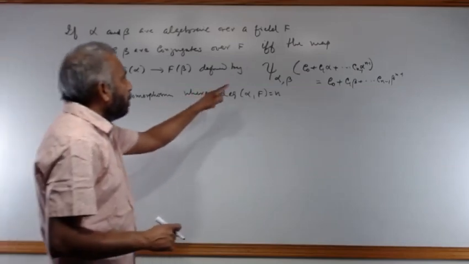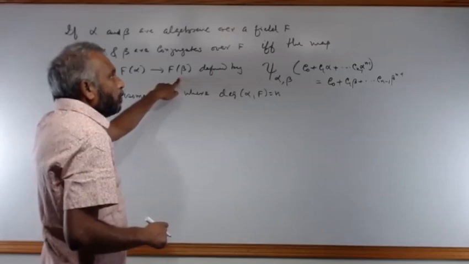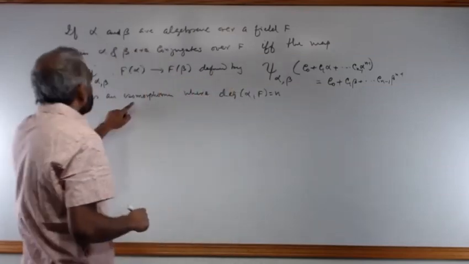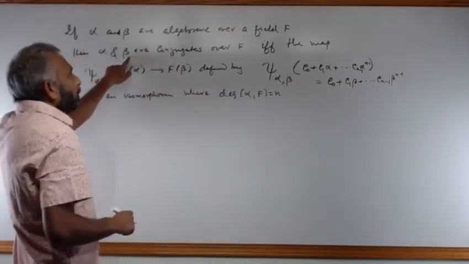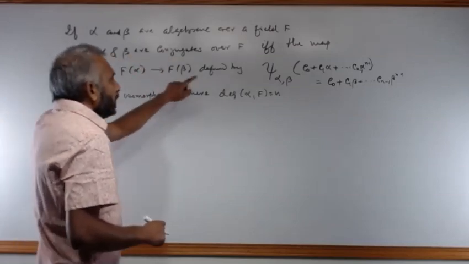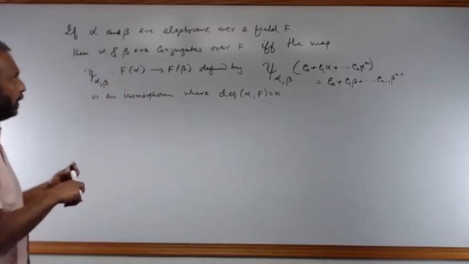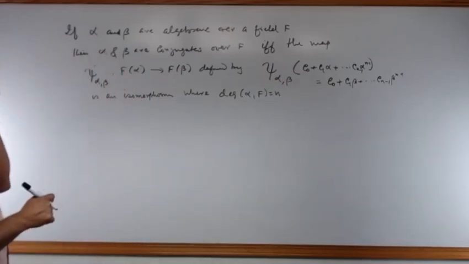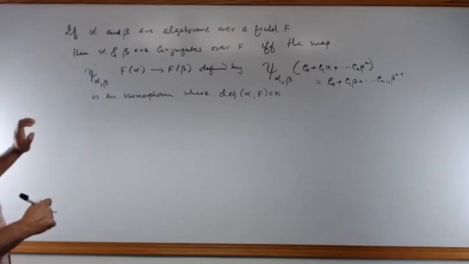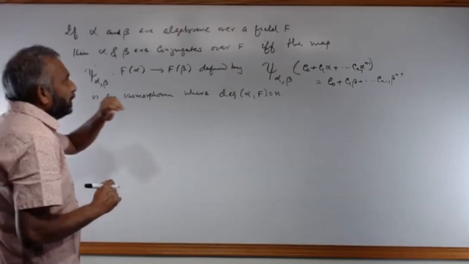This is definitely a map from F(alpha) to F(beta), but when it becomes an isomorphism, then alpha and beta are conjugates. And when alpha and beta are conjugates, then this is an isomorphism. That's what we proved in the last session. We want to go over some of the properties of this isomorphism.